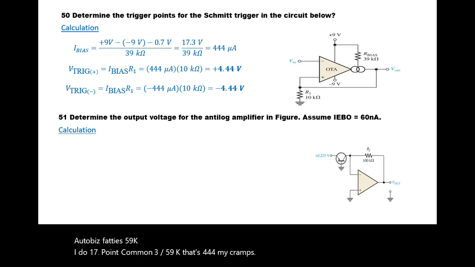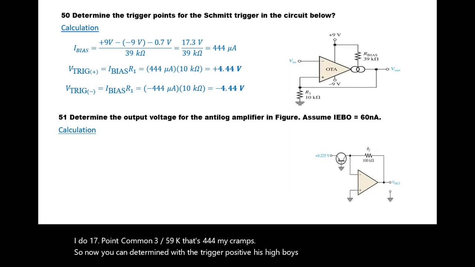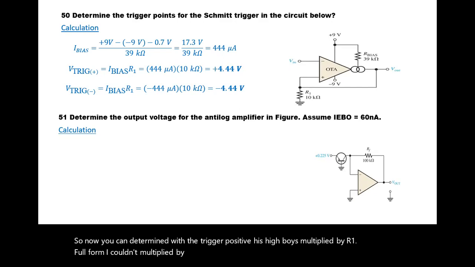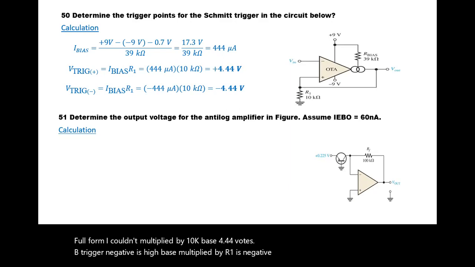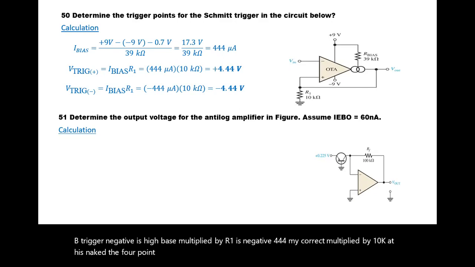So now you can determine the V trigger positive is I bias multiplied by R1. 444 microamps multiplied by 10K, that's 4.44 volts. V trigger negative is I bias multiplied by R1, negative 444 microamps multiplied by 10K, that is negative 4.44 volts.